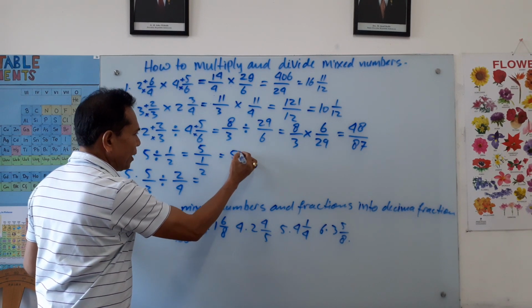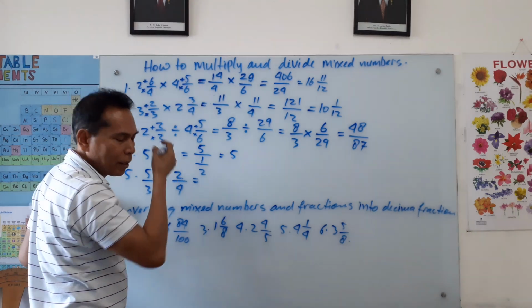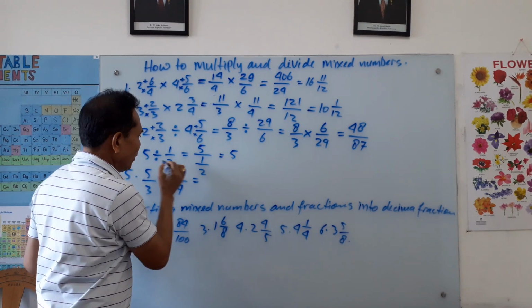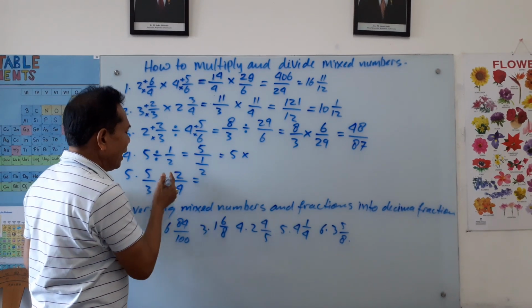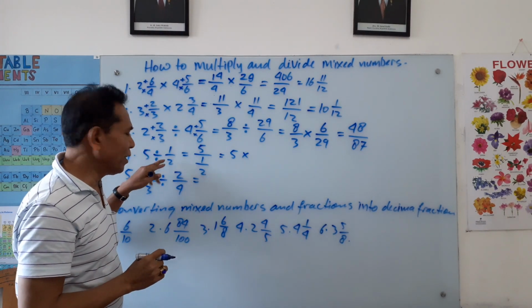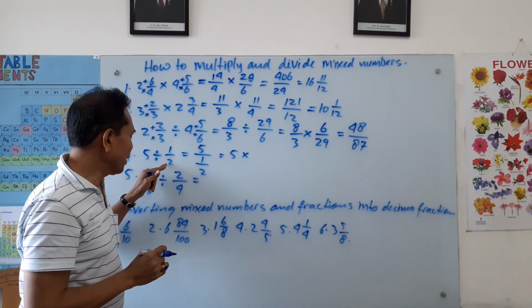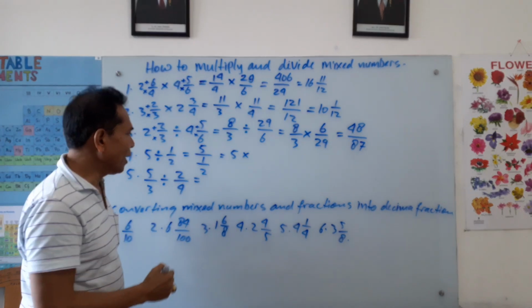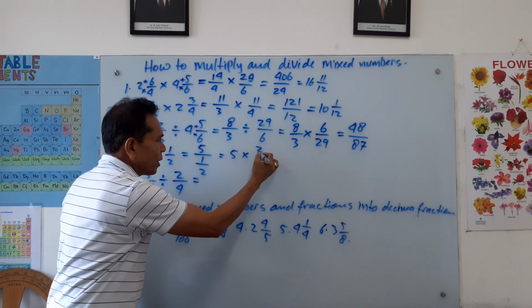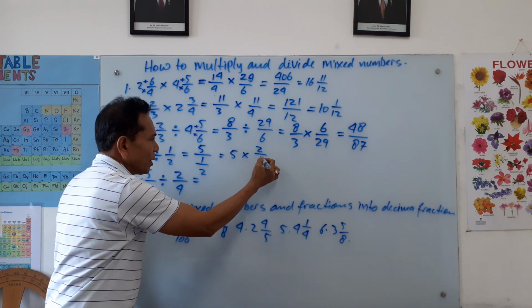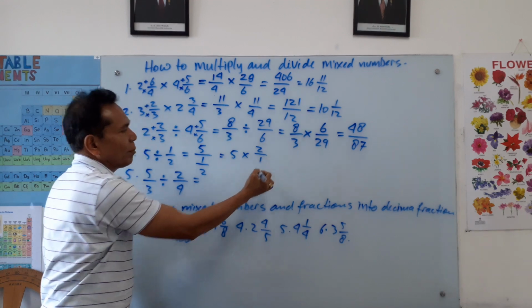We take 5 here, but this sign we change, okay? So instead of using division here, we use multiplication. And also don't forget to change the numerator and denominator. So swap sides. Denominator goes up to become numerator, and numerator goes down to become denominator.